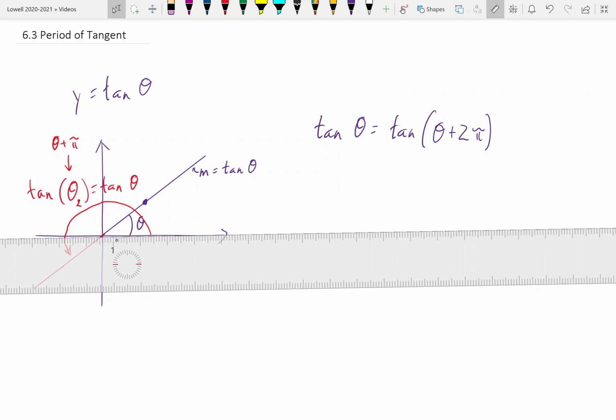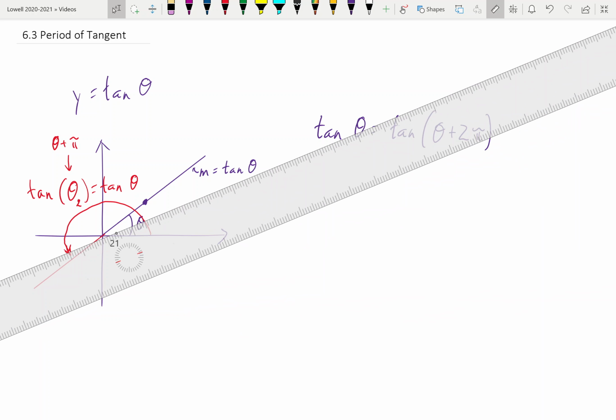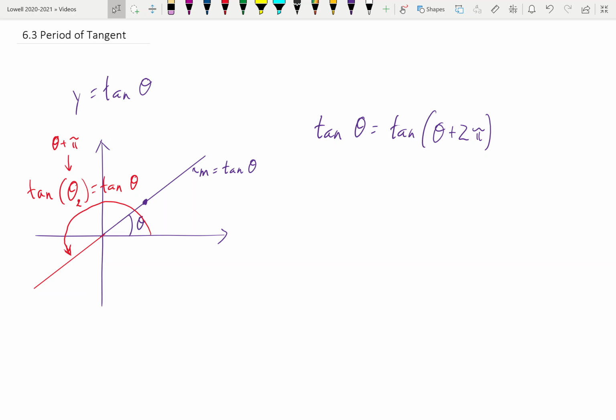And then again, we would start going back to a positive slope, which is what happens when we first start increasing from 0. And so what we can say is, yes, the tangent function repeats every 2 pi, but we don't need to go out 2 pi to start repeating. So tangent of theta is actually equal to tangent of theta plus pi, and so pi is the length of the period.